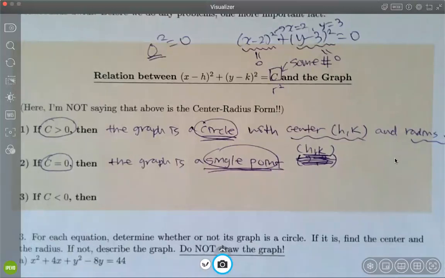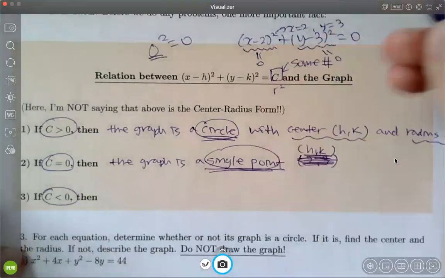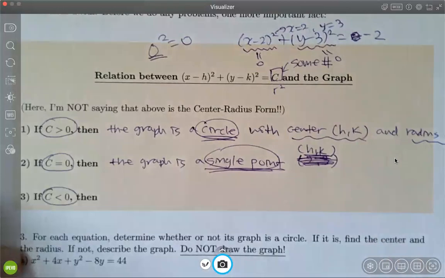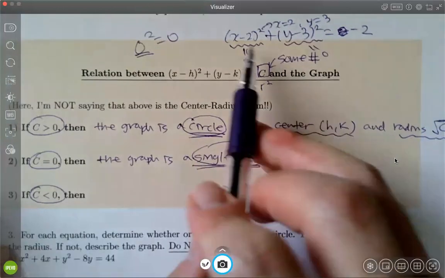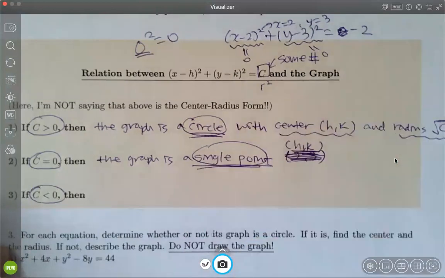And now, the value is negative. So you have x minus 2 squared plus y minus 3 squared is something like negative 2. Now, you are adding two positive numbers. So how can you get a negative number at the end? Is it even possible? No. So what does that mean?